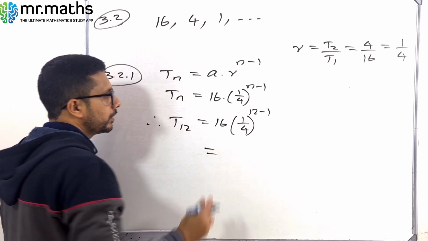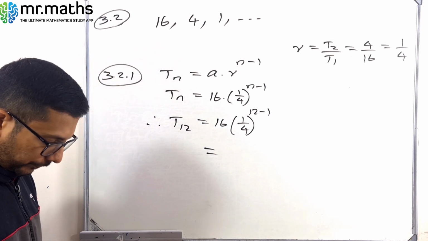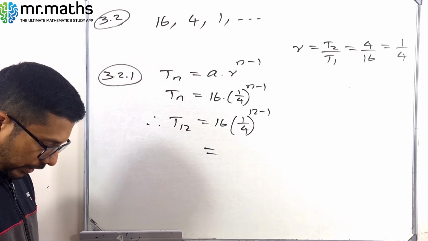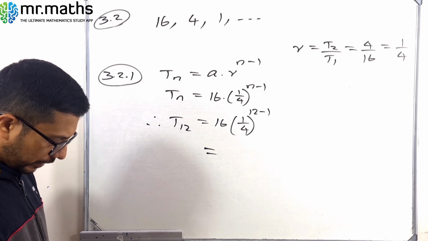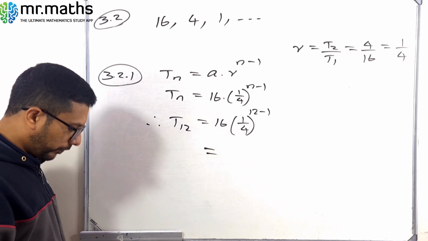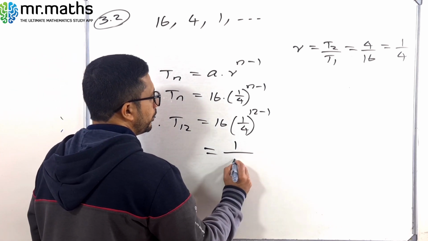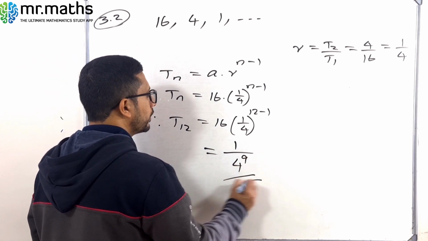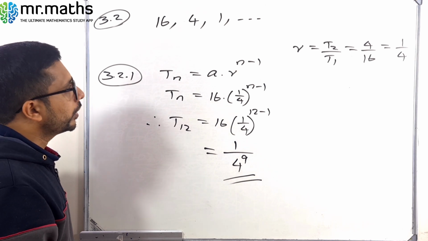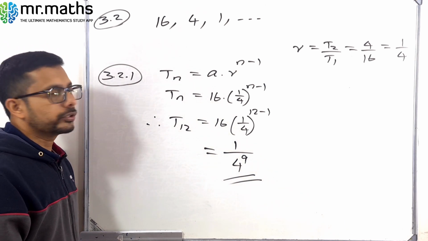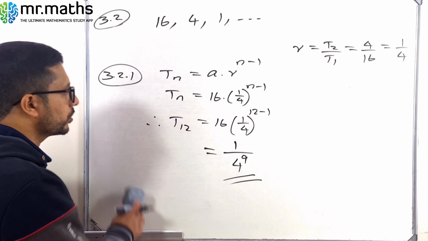So check in your calculator what is the answer for that one. It's 1 over 4 raised to 9. You can just leave it like that, guys. Either like this, or you can write the full number, a big number you will get. Anyway, that is the 12th term, 1 by 4 raised to 9.